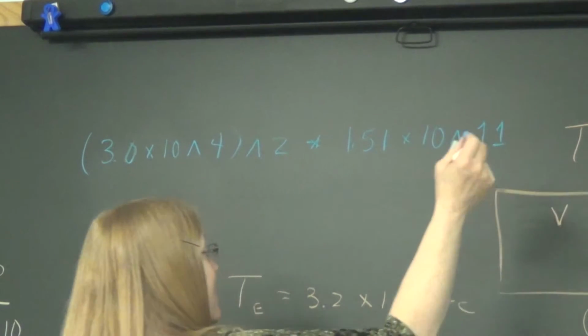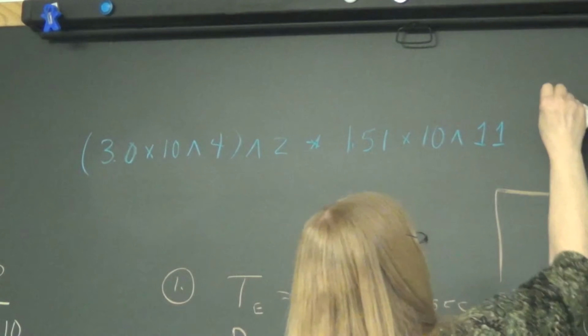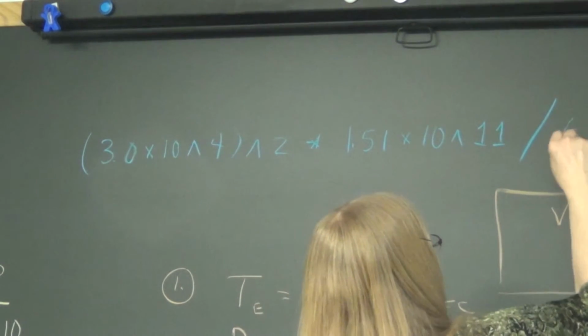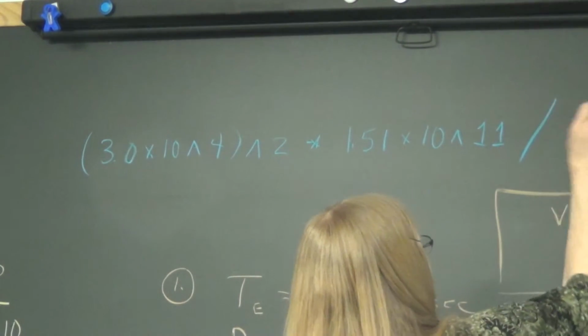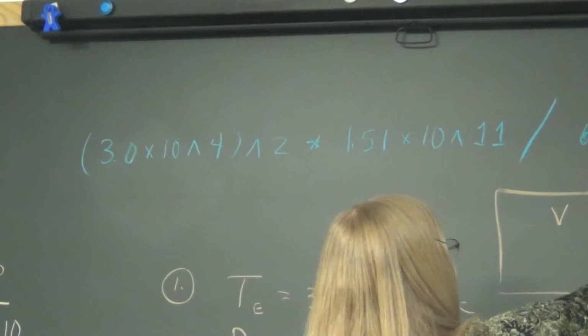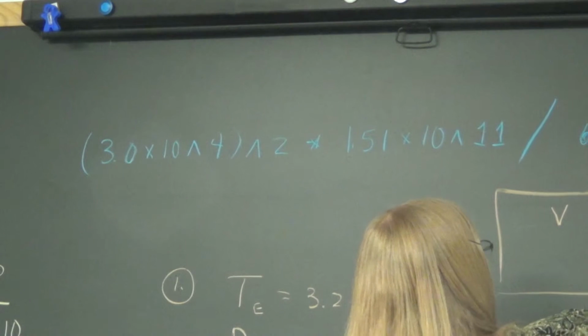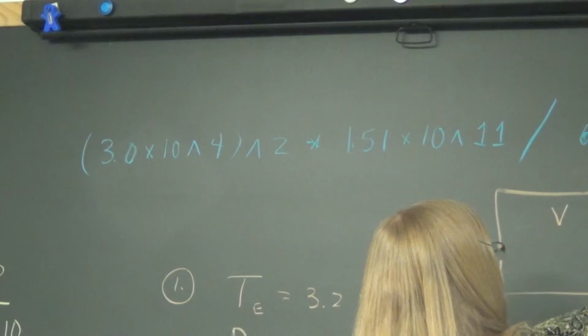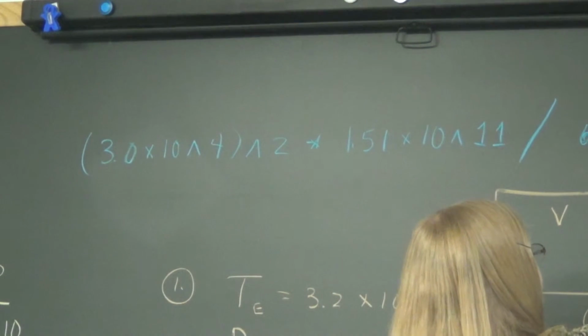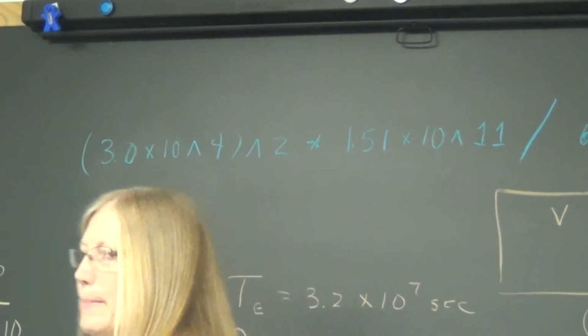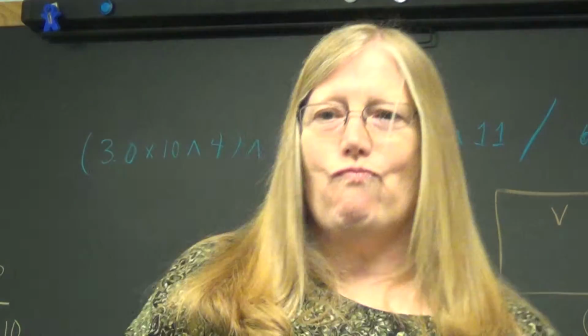I don't know if it works. I'll need to try it, because when I was doing it, I was getting 6.67. Put it in raised to parentheses minus 11. Alright, try it that way and tell me what you get.